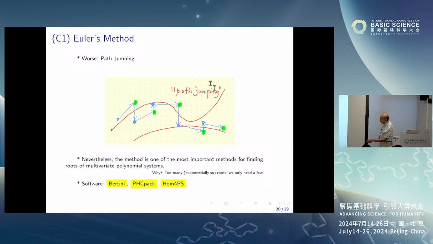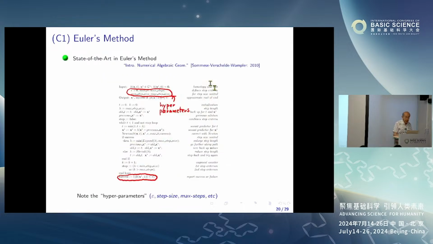Best EHC form. The state of the from the book of Somesi, introduction to algebraic geometry.